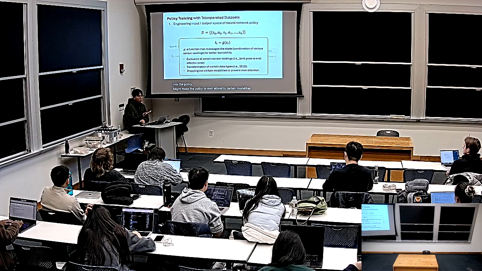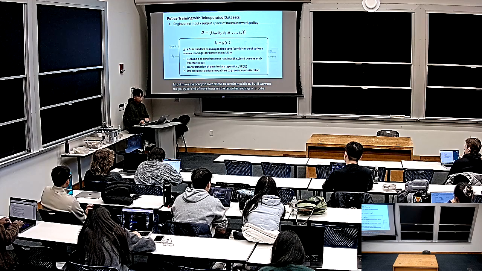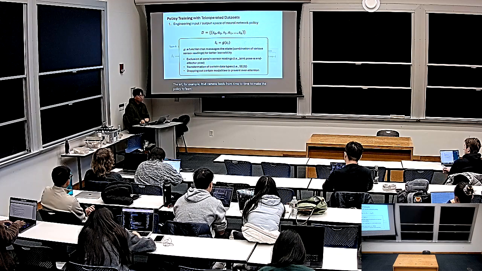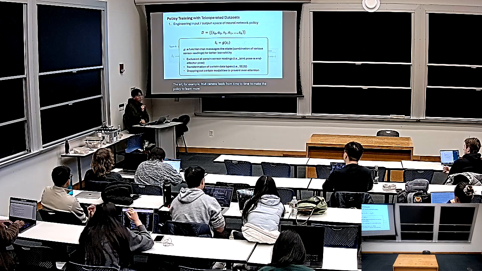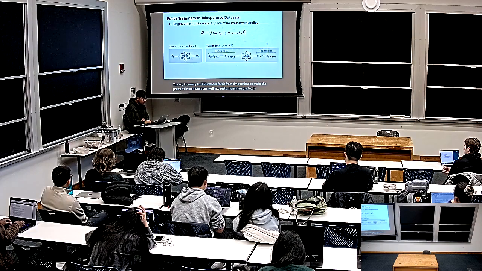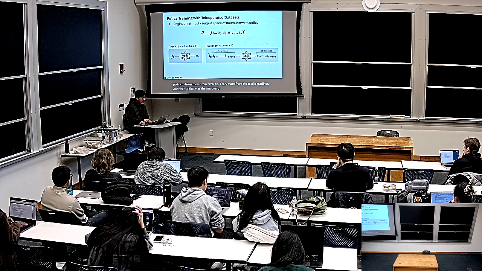If we want the policy to focus more on the tactile readings, some people choose to drop, for example, RGB camera feeds from time to time to make the policy learn more from the tactile readings. So that was the reasoning behind why I put the hat over the state S over there.